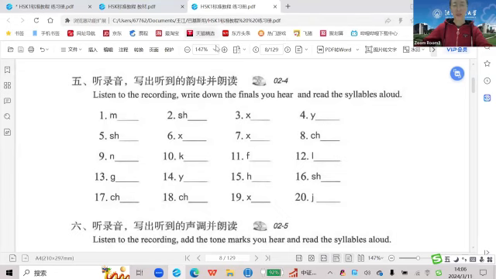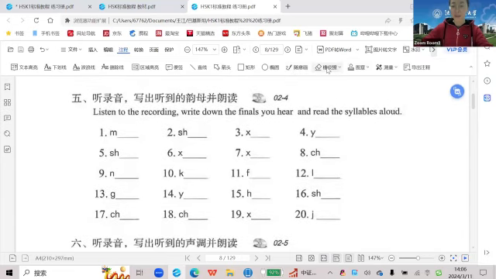Please input the final and the tone in the chat room, and you can use the numbers 1, 2, 3, 4 to represent the tones. 门. The answer is not man, it's 门. The final is n, not an. Everyone, please input your answer in the chat room.